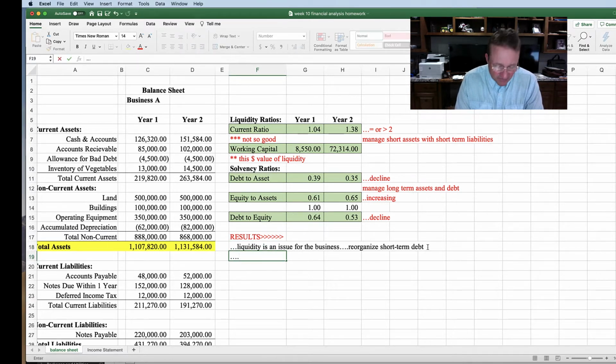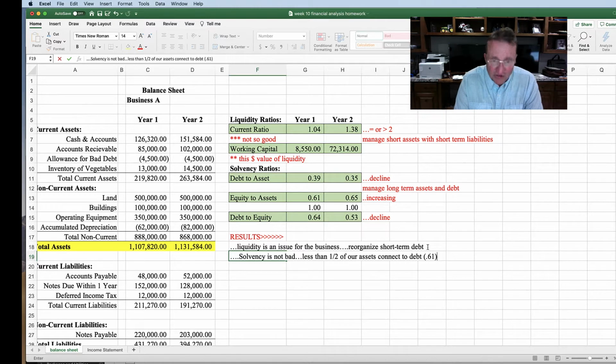All right, what about solvency? Well, solvency is not bad. We have less than half of our assets connected to debt. And remember, that's equity to assets, so that's 0.61.